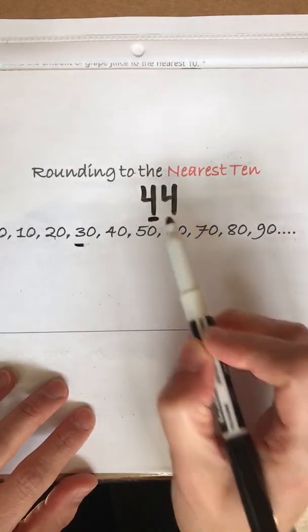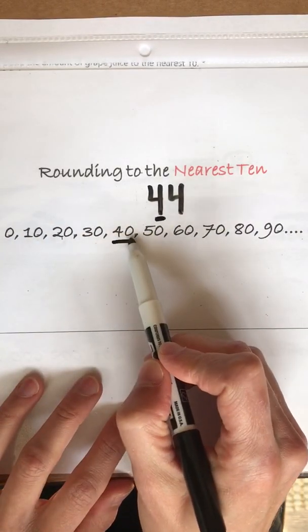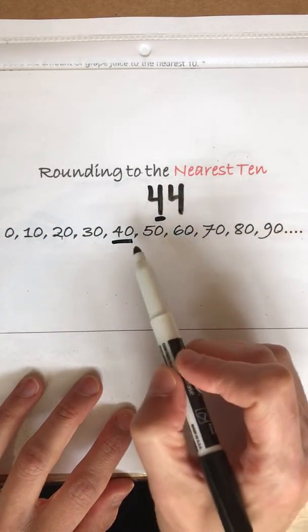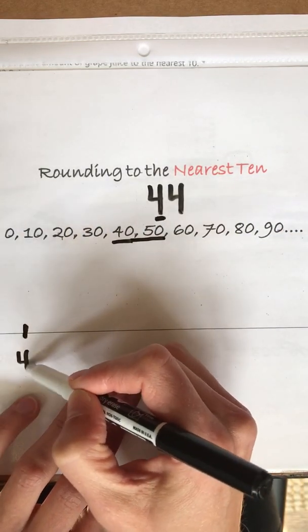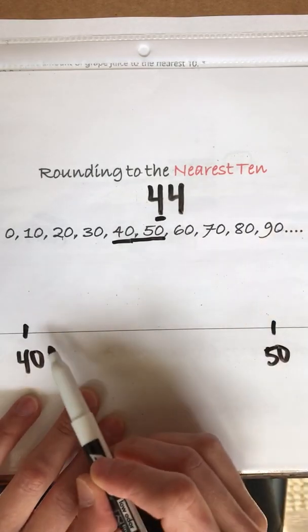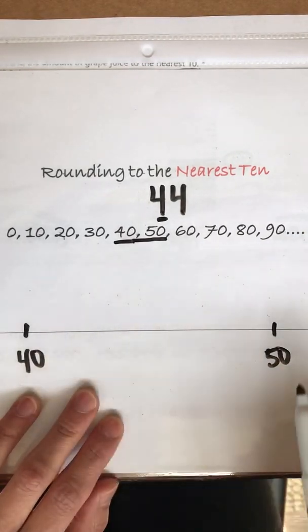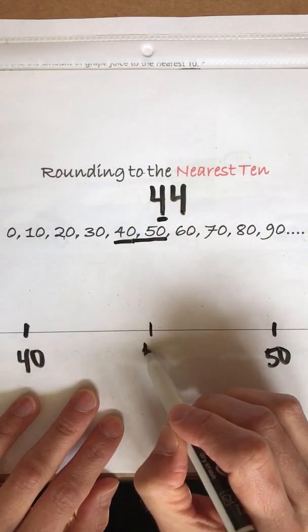I always look here to know the 10 to start with. So 44 is between 40 and 50. Very good. So you're going to plot those on your number line, 40 and 50. And then what number is halfway between 40 and 50? Very good. It's 45.